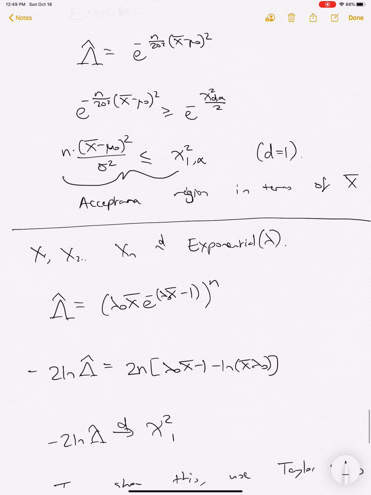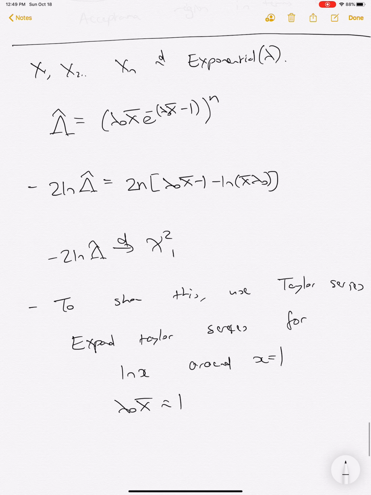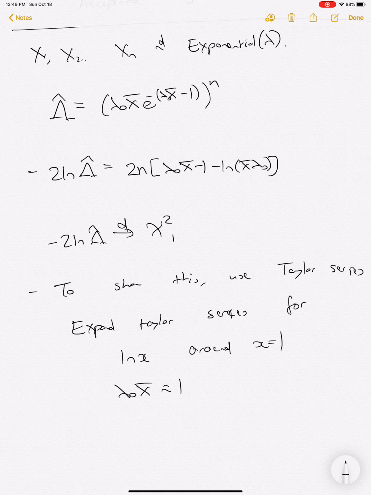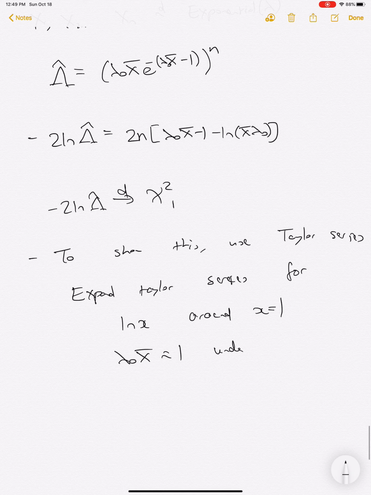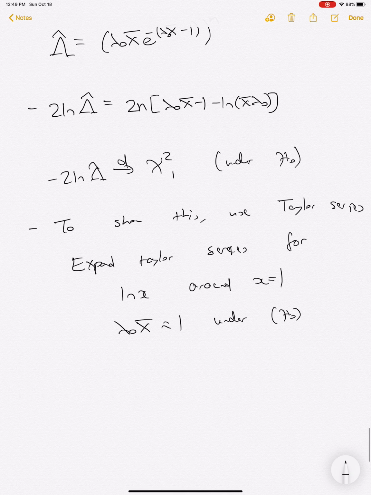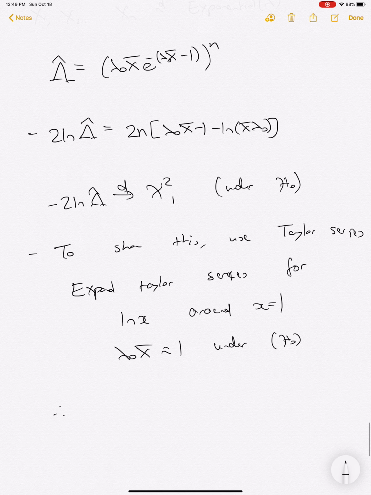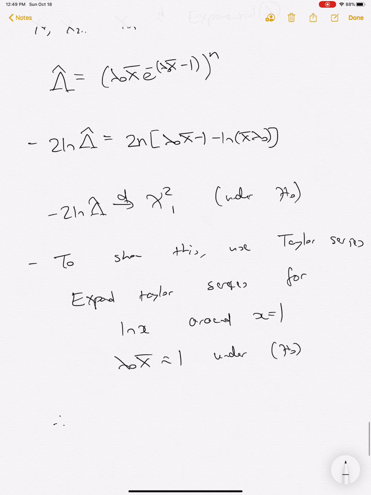So yeah, again, I'm not going to sketch this out completely, but if you show that under H naught, so this is all under H naught, then you can see that this is approximately the same thing.